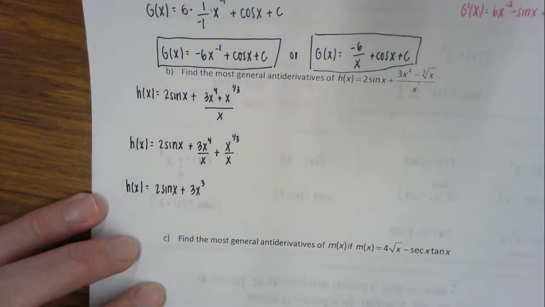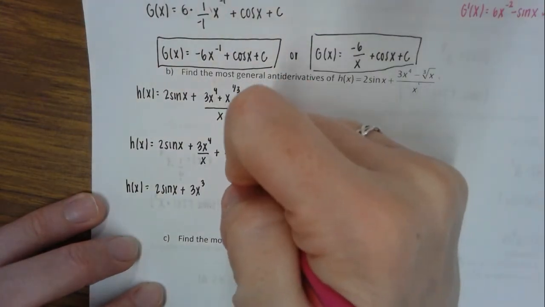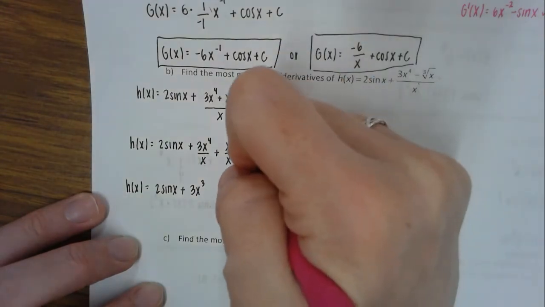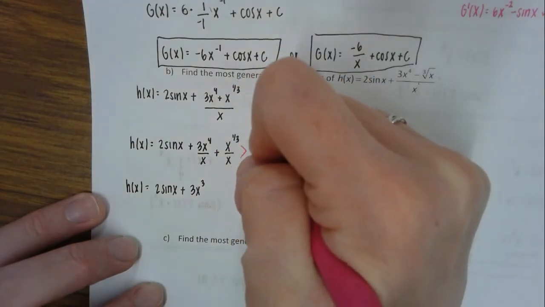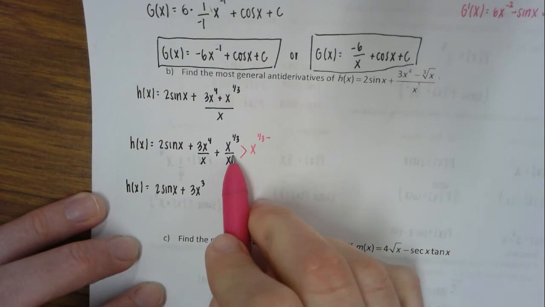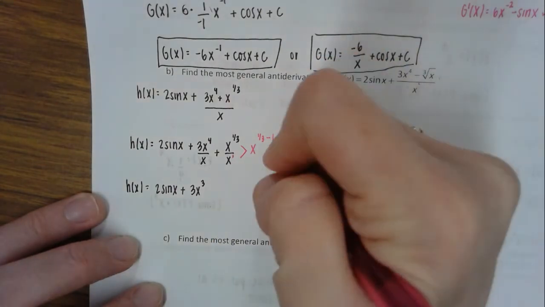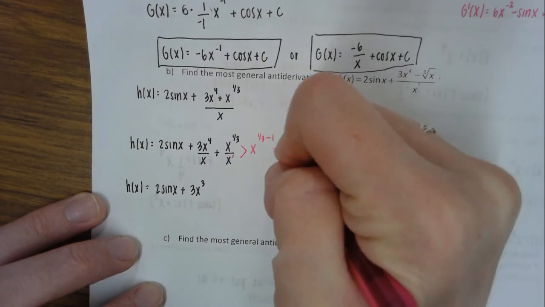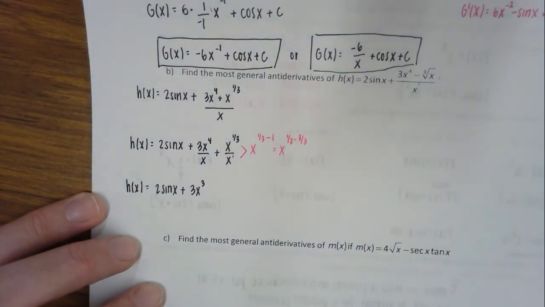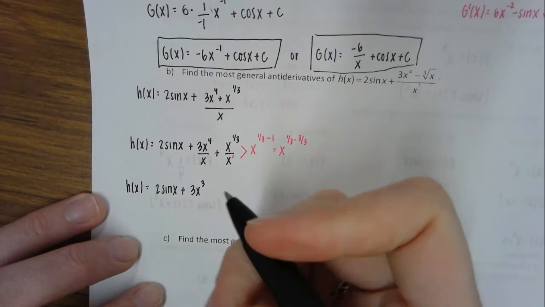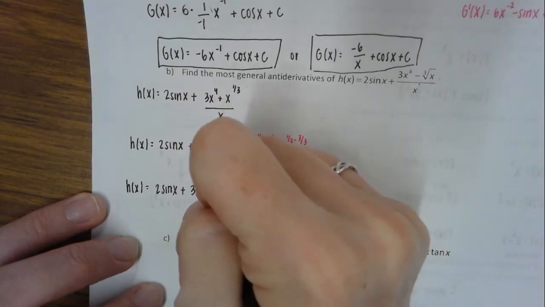And then here I would want to use a property of exponents that says I'm really taking x to the 1/3 and I'm subtracting out the exponent that's in the denominator, which really is a 1. So x to the 1/3 minus 3/3 is going to give me an exponent of negative 2/3.